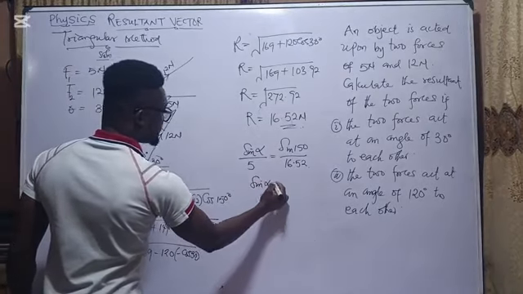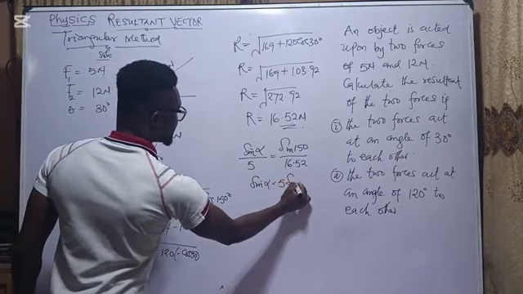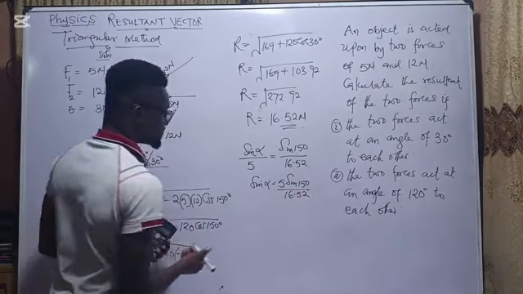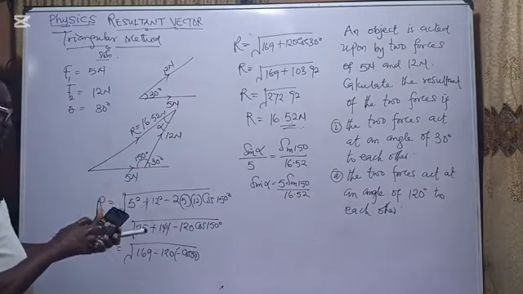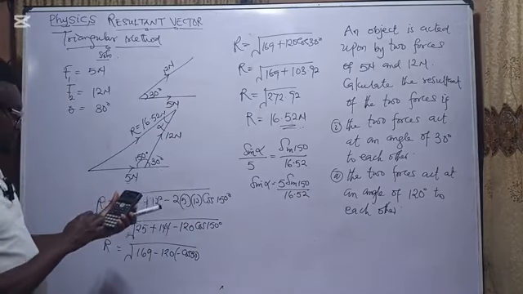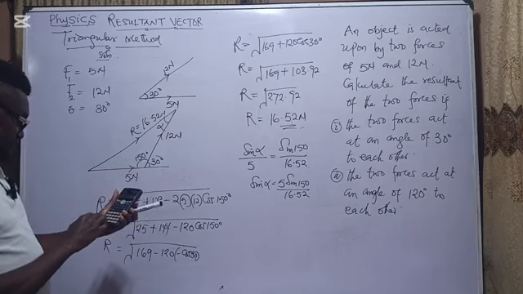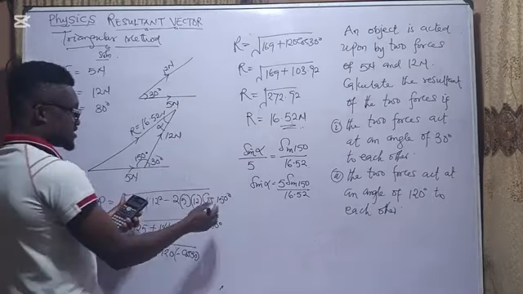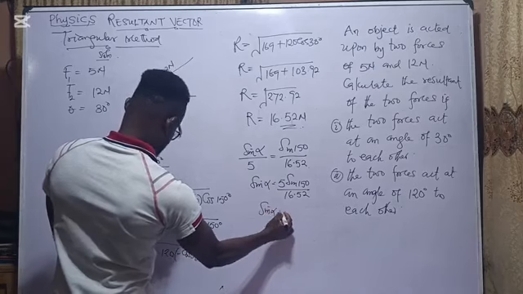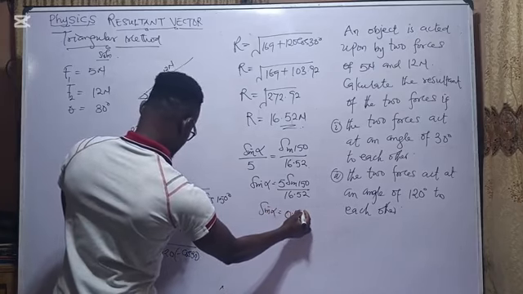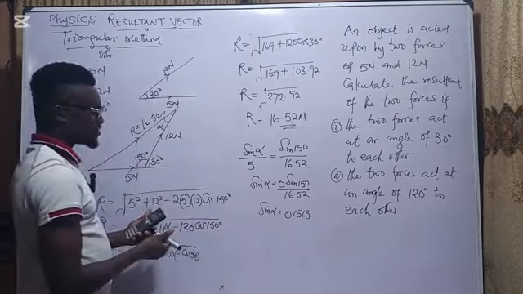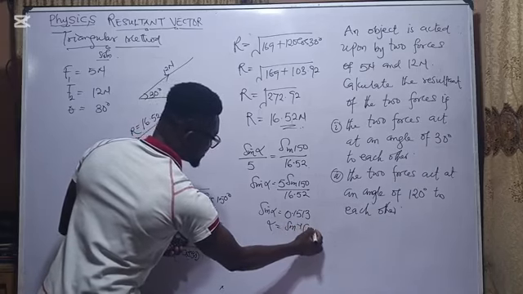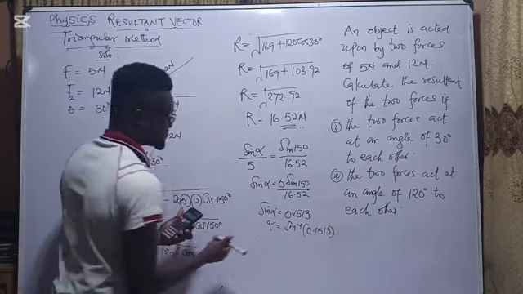So in order to get alpha, 5 will multiply this. So we have sine alpha equal to 5 sine 150 all over 16.52. So if you punch 5 sine 150 divided by 16.52, then we have sine alpha equal to 0.1513. So if sine should cross the equality sign, we have sine inverse of 0.1513.